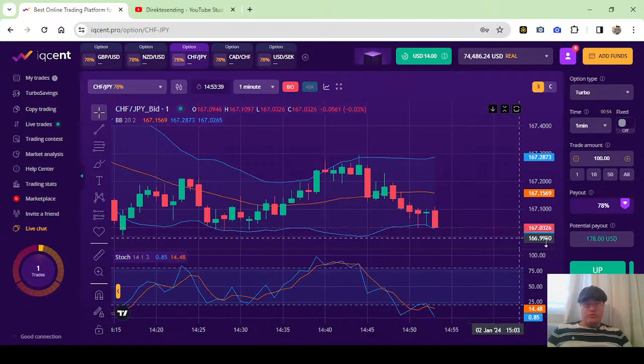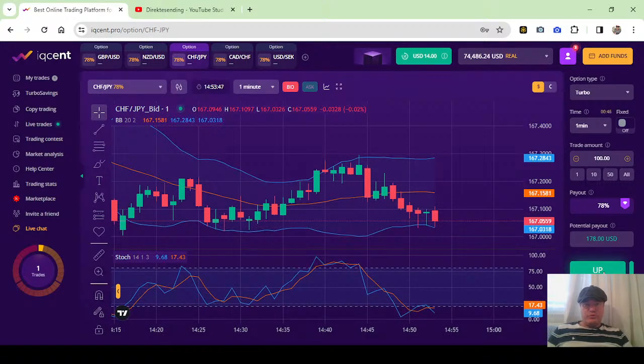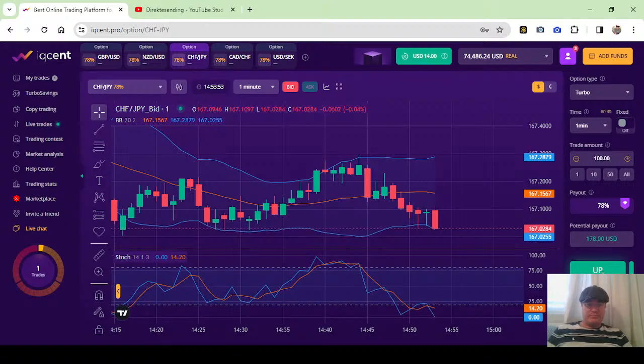We need it to push a little more for me to take a trade. One more push down to get a trade. It's not crossing yet for me. That's good enough. We have entry.